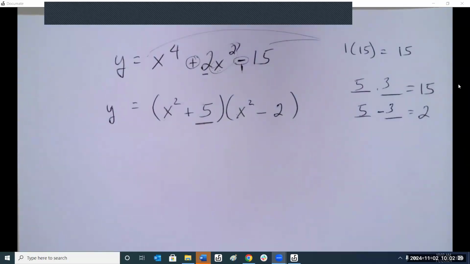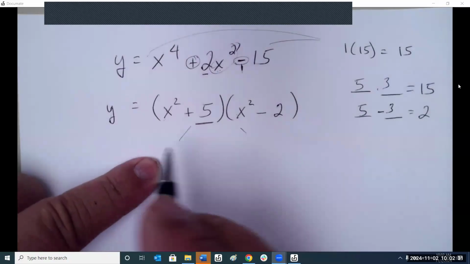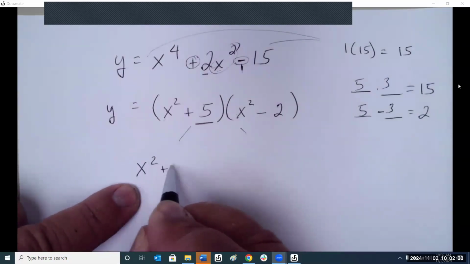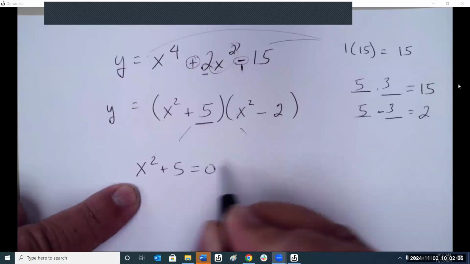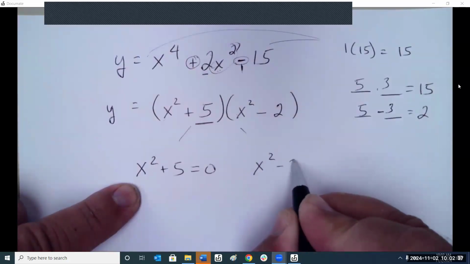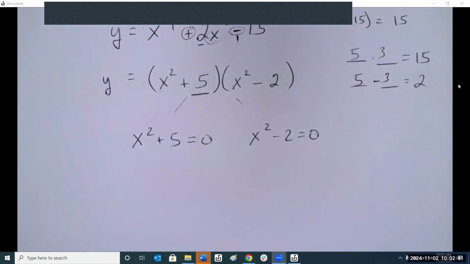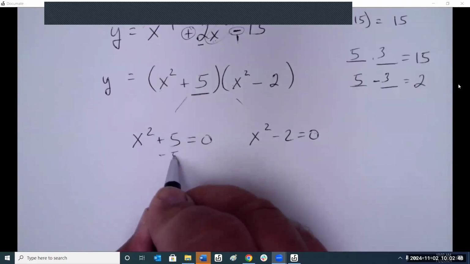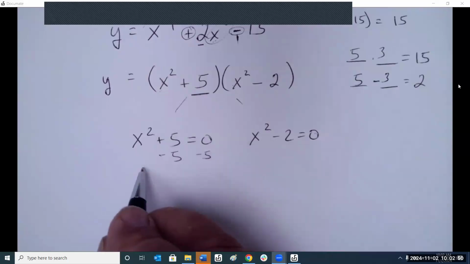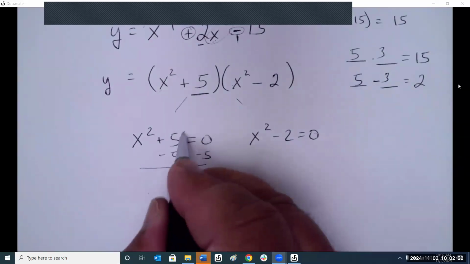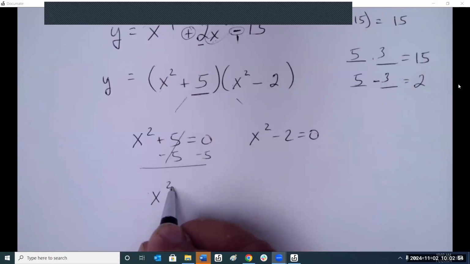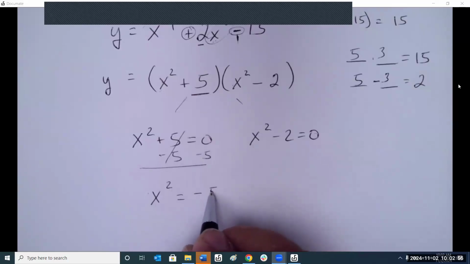So far, so good. Now I take both of these and set them equal to 0. We have to solve for x. In the first one, we subtract 5 from both sides.